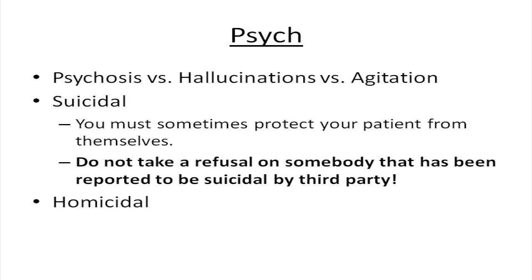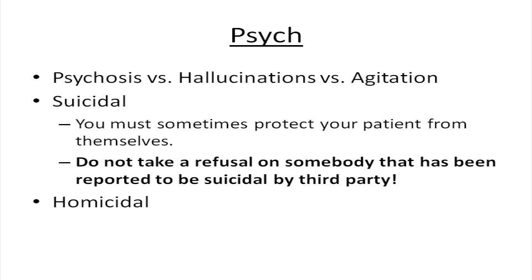Let's talk about suicidal patients for a minute. We put a lot of weight on patient autonomy and patient rights, and correctly so in our society. However, there are times when we have to protect our patients from themselves. This is one of those times. I want to be clear about this because I think there's been some confusion. We should not be taking refusals on a patient that somebody else has reported to be suicidal to us.